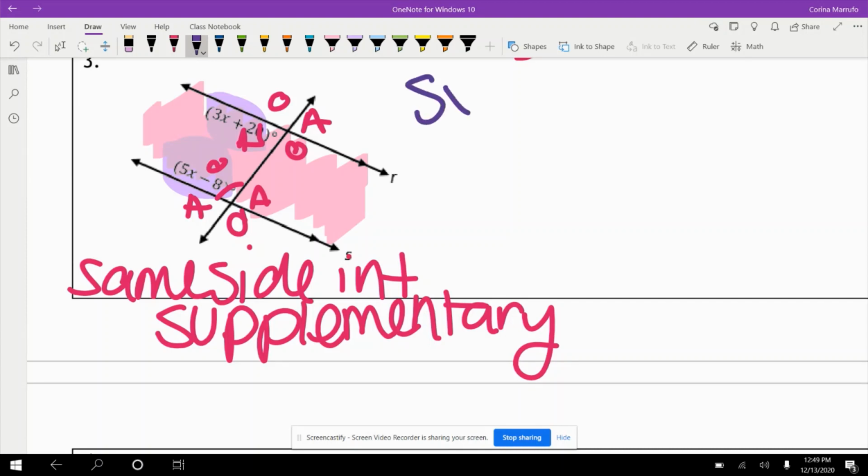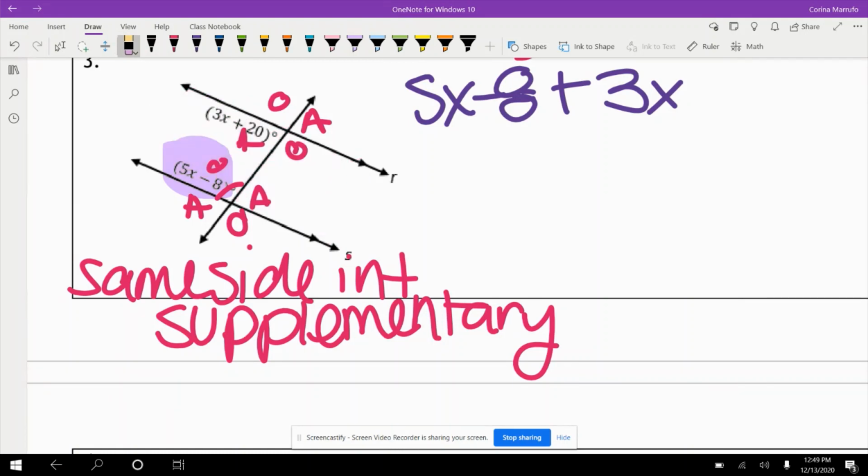So we're going to set it up 5x minus 8 plus 3x plus 20. I'm going to have to erase this because I can't see the number. Plus 20, and we set it equal to 180. So when the angles are not the same, they are supplementary.